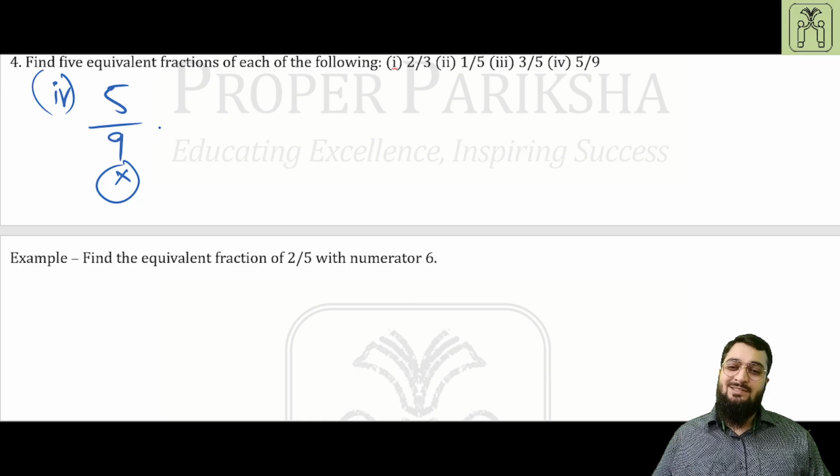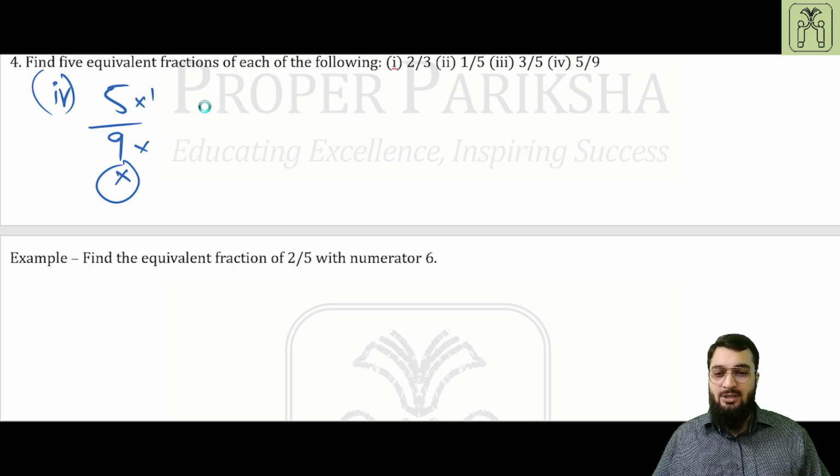So the method is that we will start multiplying both the numerator and denominator with the same multiple. If you want 5 equivalent fractions, I will multiply 5 times and I will get 5 answers. So into 1, we'll get 5 upon 9, that is already there.